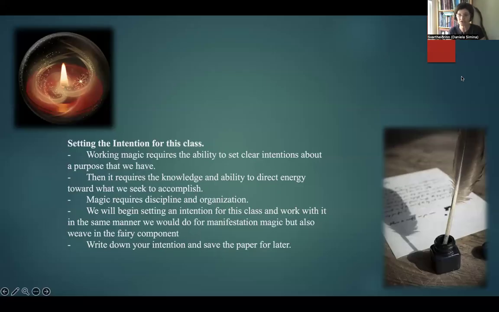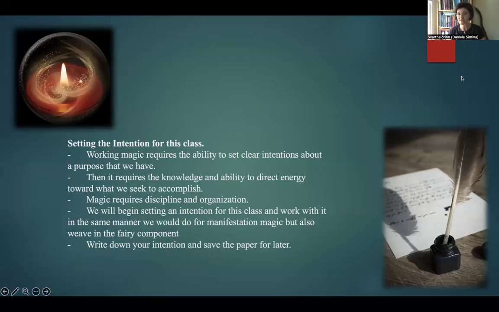We're going to set an intention for this class because energy follows intention. So implicitly, working magic requires the ability to set clear intentions about a purpose that we have. It requires the knowledge and the ability, the technical part, necessary to direct the energy towards something that we seek to accomplish.